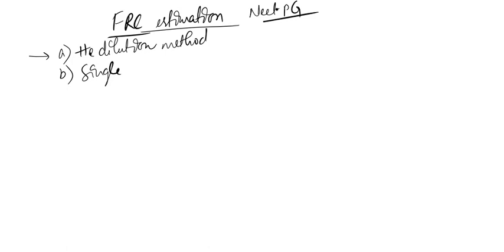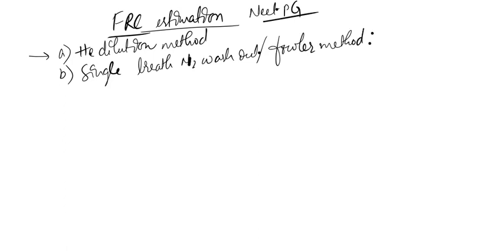Single breath nitrogen washout. Very important topic, guys, please focus on it. Single breath nitrogen washout. There is one more name for it, you just remember this, it is also called Fowler's method. One important thing is it gives the value of dead space also.